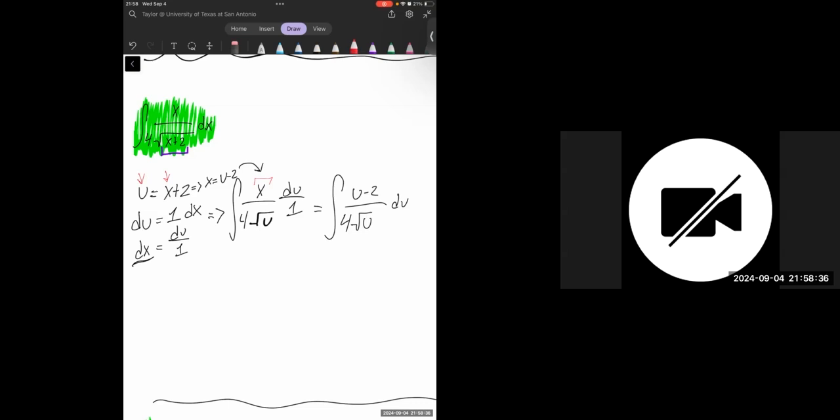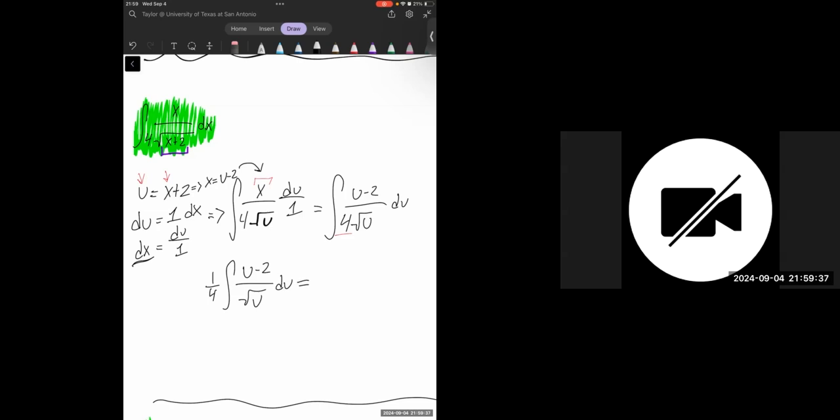I see a constant 4. So I'm going to go ahead and pull that out, making this 1 over 4 integral u minus 2 over square root u. Now that we've rewritten our integral in terms of u and pulled out our 1/4, I still can't approach this integral with any standard techniques that we know, but I can break apart this fraction.